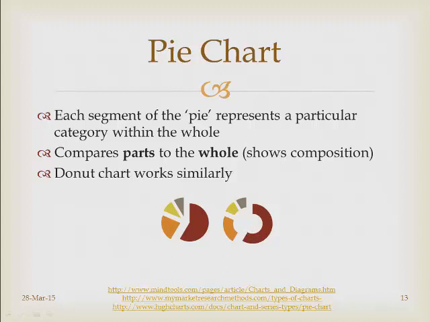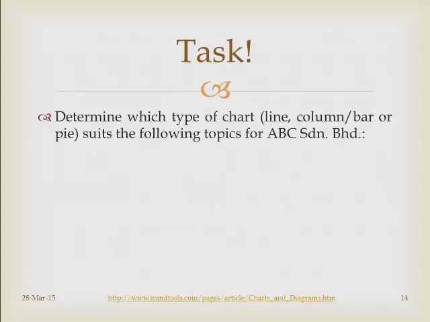That's the only difference. Now that we've learned about the line chart, the bar column chart, and the pie chart, let's have a little exercise. I'm going to give you a few topics. Determine which type of chart, whether line, column, bar, or pie, suits the following topics for the company ABC, which wants to do a survey to find out certain information. Which type of chart is the best? The first is the employees, its workers, according to gender.